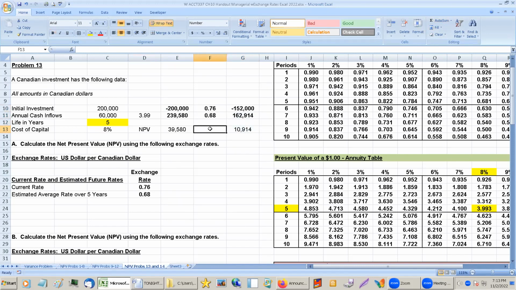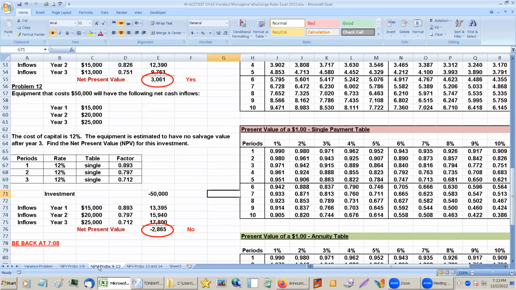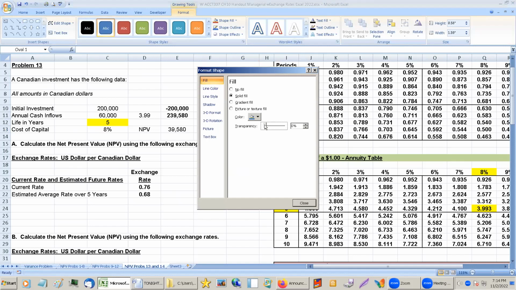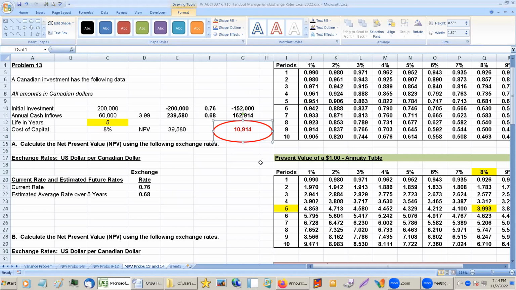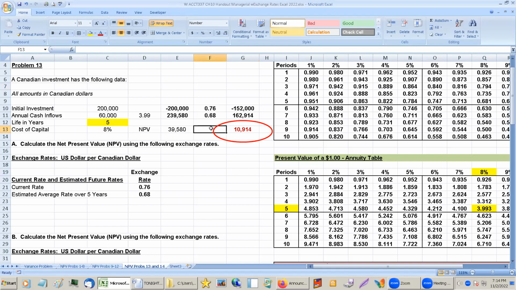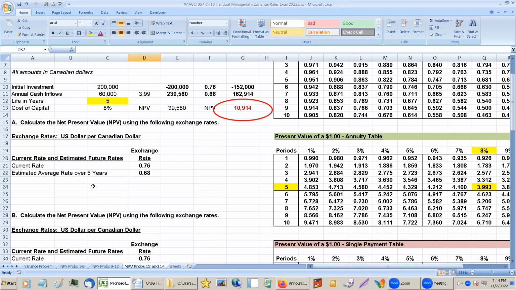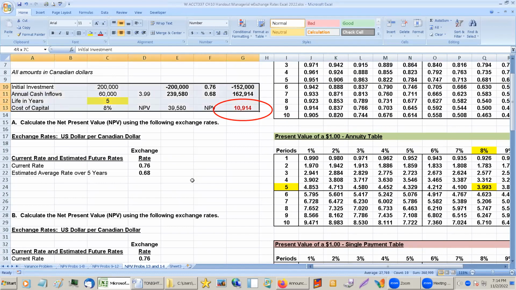So that will be our net present value. Okay, so that would be for A.